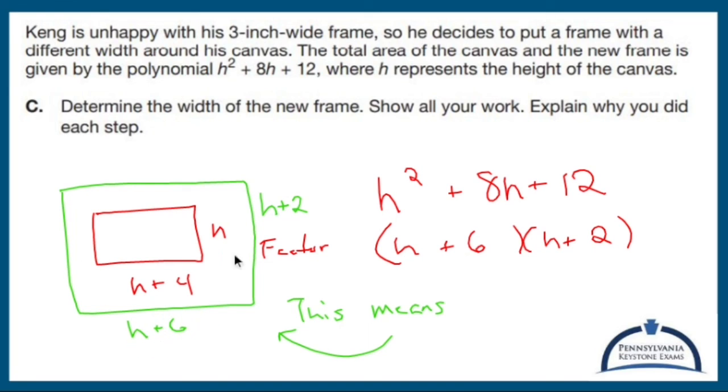So if I add 2 inches total, then the new width is going to be 1. So my answer is 1 inch, because if I add 2 inches total, 1 inch is going to be the length of each, I guess, side of the frame.